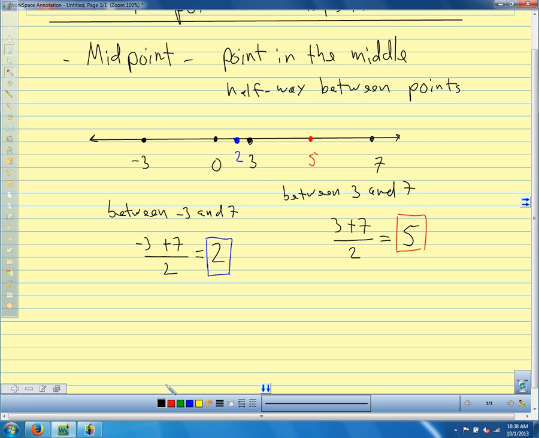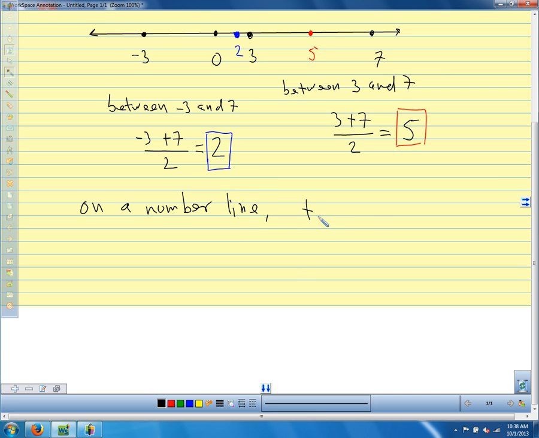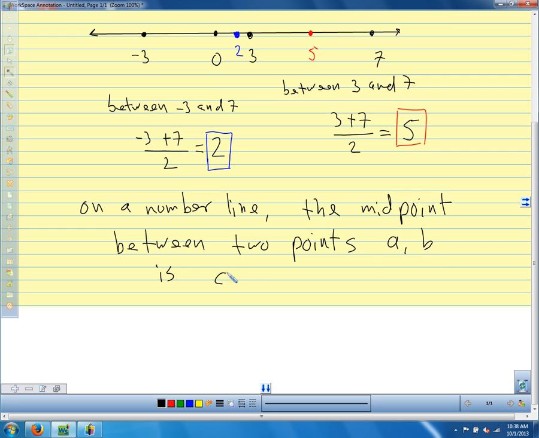So on the number line, our rule: our midpoint between 2 points, our points are A and B, is A plus B divided by 2.